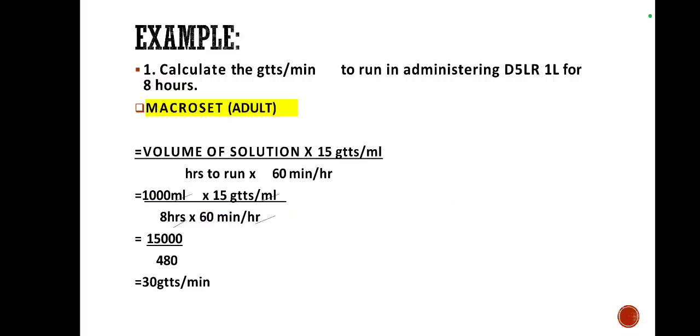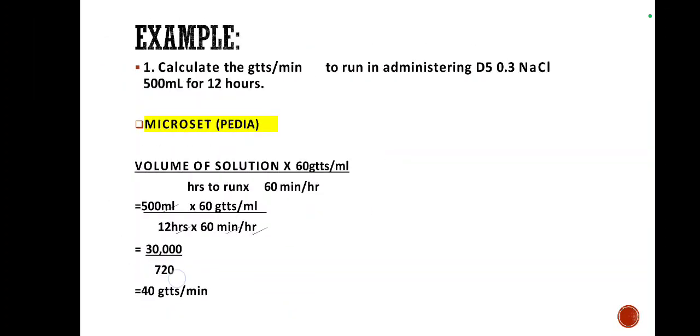For example, calculate the drops per minute to run D5LR for 8 hours. Volume 1000 ml times drop factor of 15 drops per ml, divided by 8 hours times 60 minutes per hour. So 15,000 divided by 480 gives 30 drops per minute.